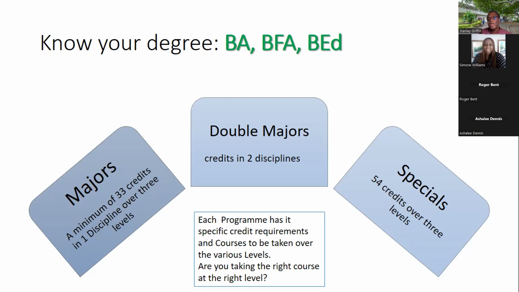So, folks, the first thing you need to do when you get accepted is recognize your own degree. And in that recognition, you'll be told whether you're doing a major, a double major, or a special. A major simply means you're doing at least 33 credits in one particular discipline or one particular area of study over the various three levels. Now, we have three levels.